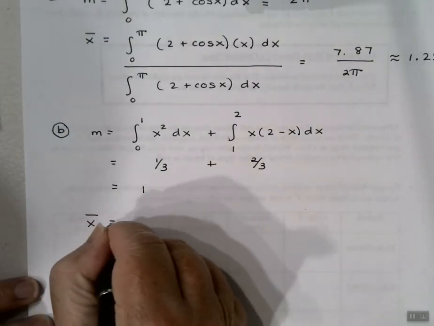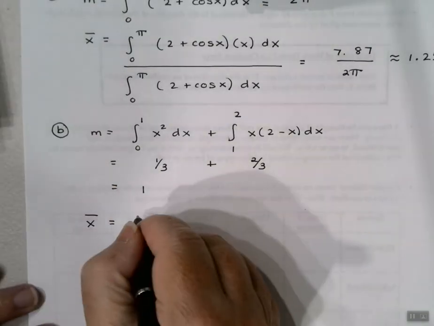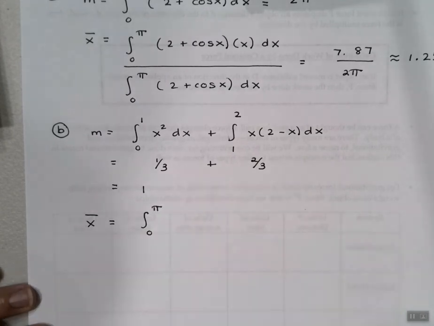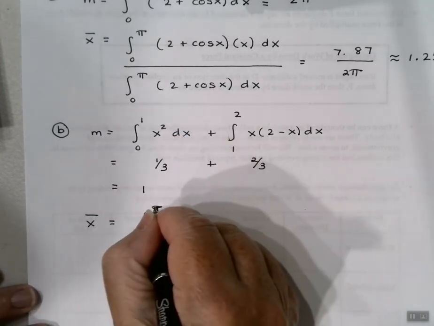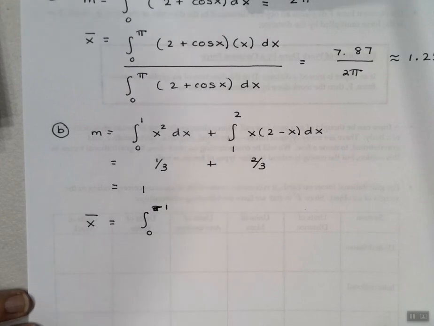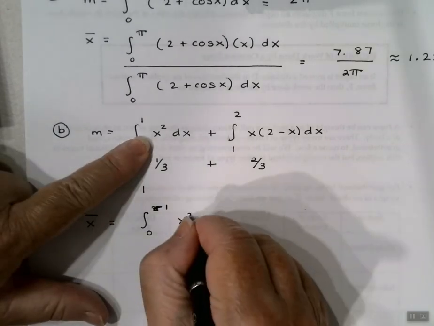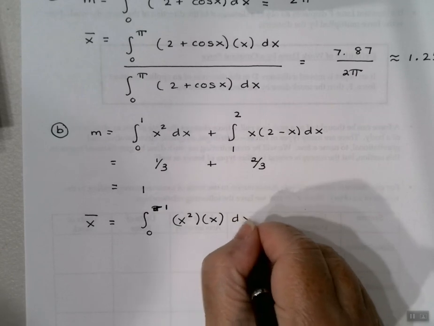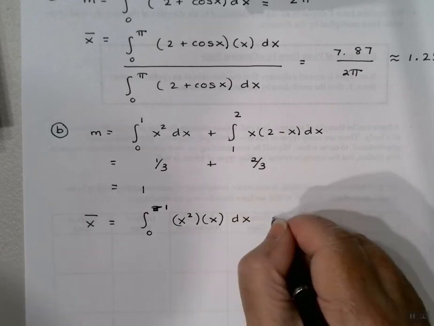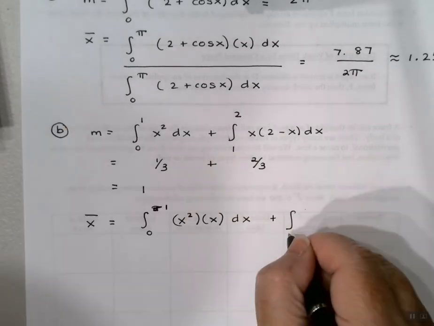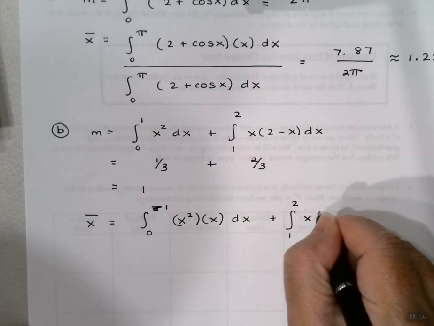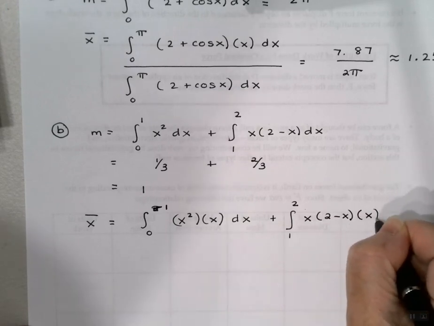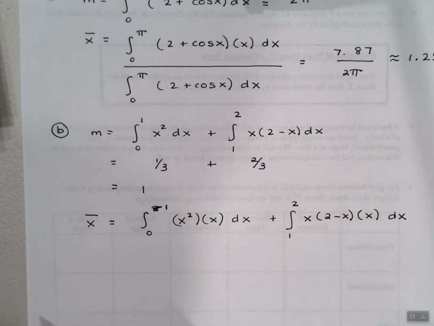The center of mass. Still going to have to go in two pieces. So on the 0 to 1, I would have my density function x squared times that extra distance x dx plus from 1 to 2 my density function x times 2 minus x times the extra x for distance dx, right?